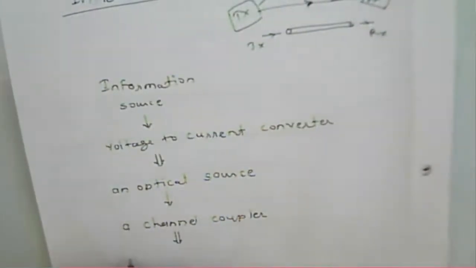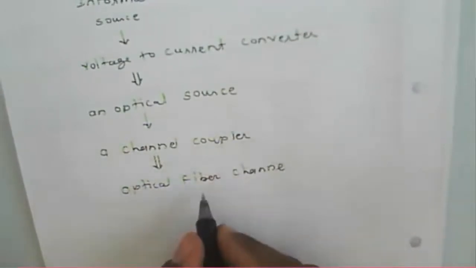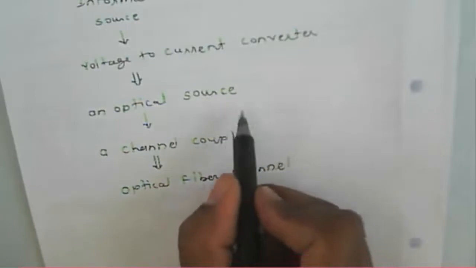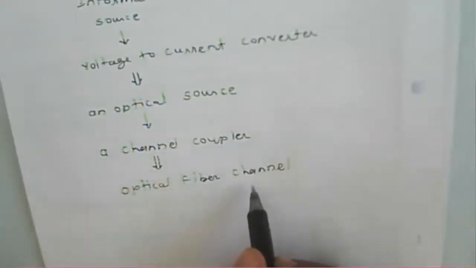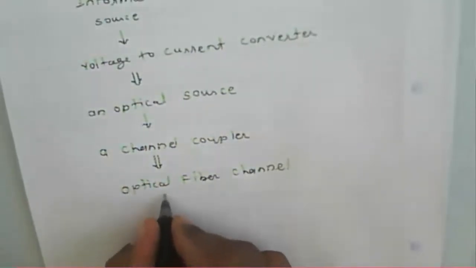We will see in detail one by one. Then we have an optical fiber channel. This source is there, then a channel coupler, then the optical fiber channel, meaning your light will be propagating through this optical fiber.